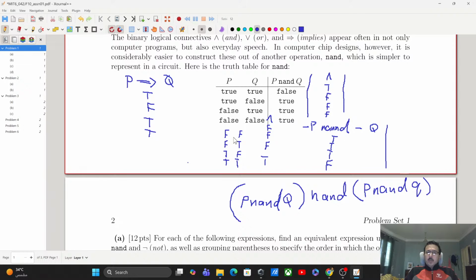I get true and false. It's true. I get true and true. That's false. I got false and true. But this is true.